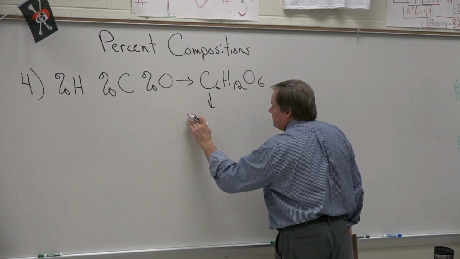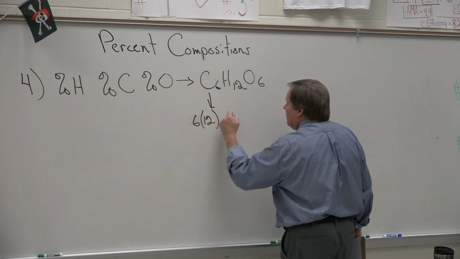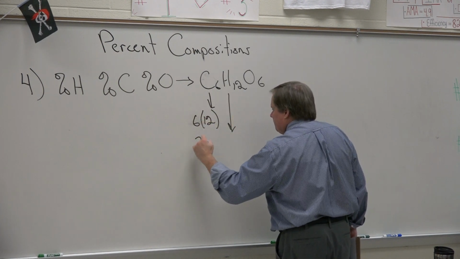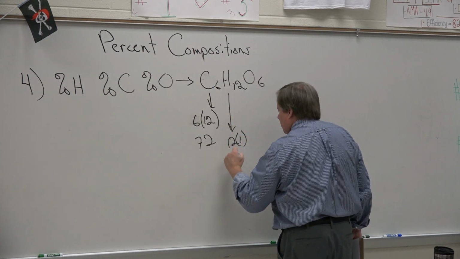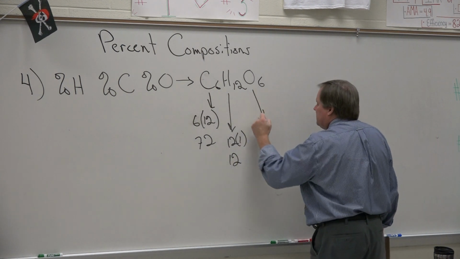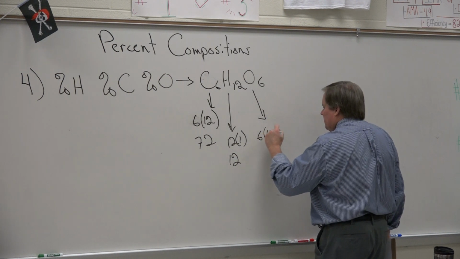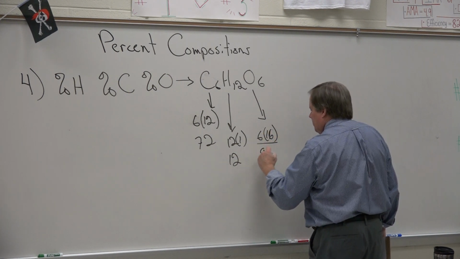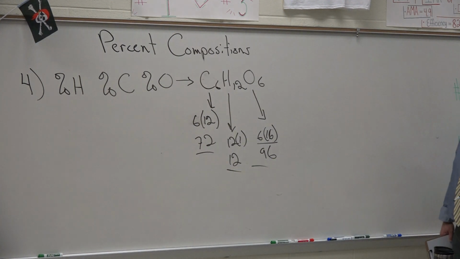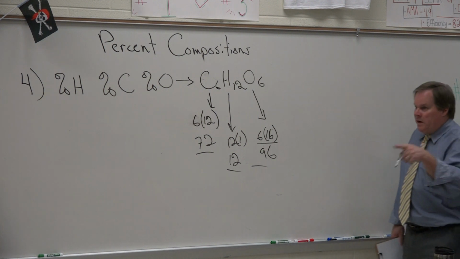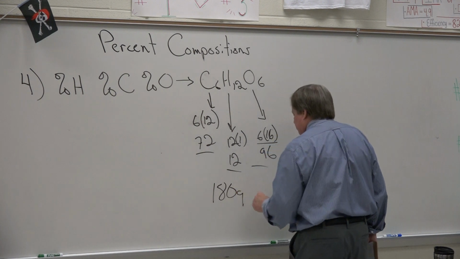Here's our math. 6 times 12 for the carbon, 72. 12 times 1 for our hydrogen, which is 12, and then 6 times 16 is 96. When I add all three of those up, how much does a mole of glucose weigh? 180. 180 grams per mole.